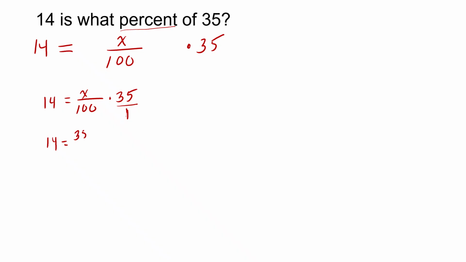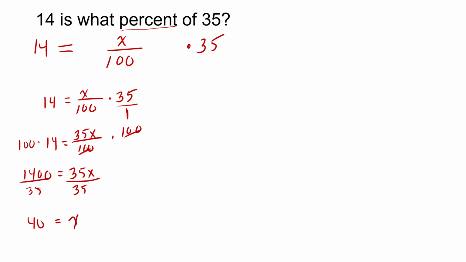So this would be 35x over 100, multiply both sides by 100 to clear that, so this will give us 1400 equals 35x, because 100 divided by 100 is 1, and then divide by 35, and we have 40, so 40 is X. So it would be what percent of 35? It is 40%, which does make sense.